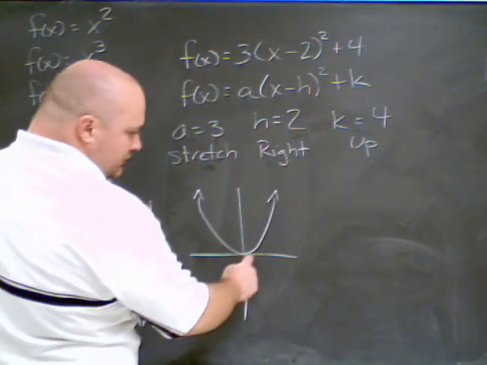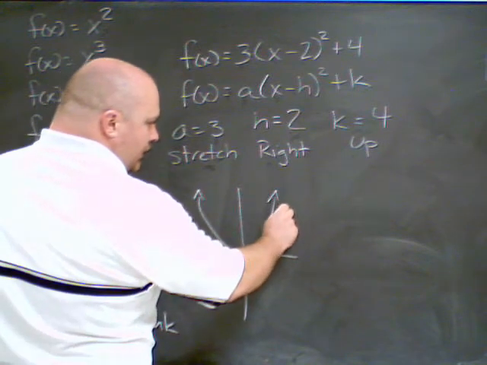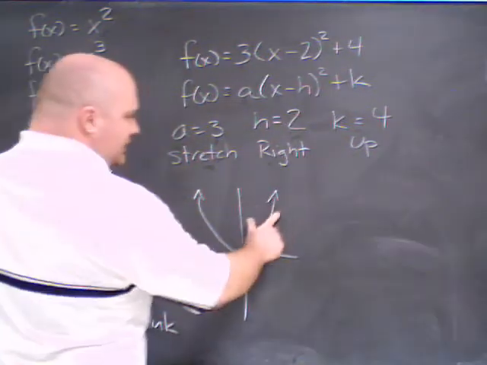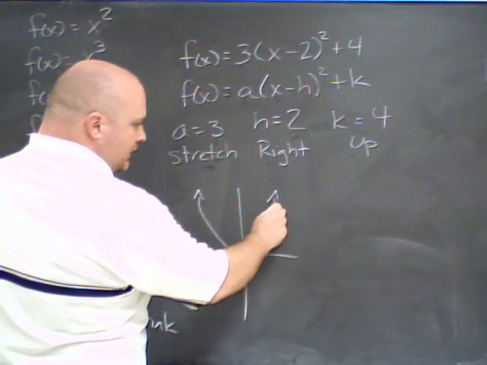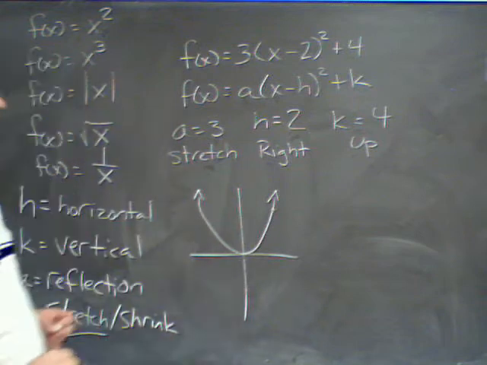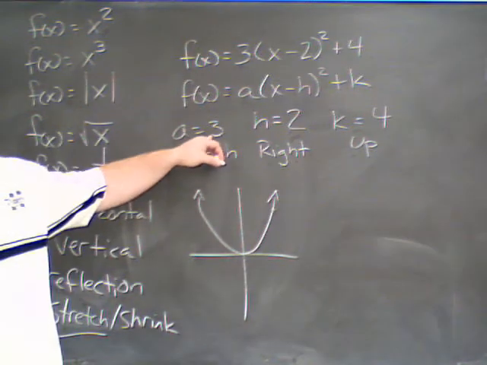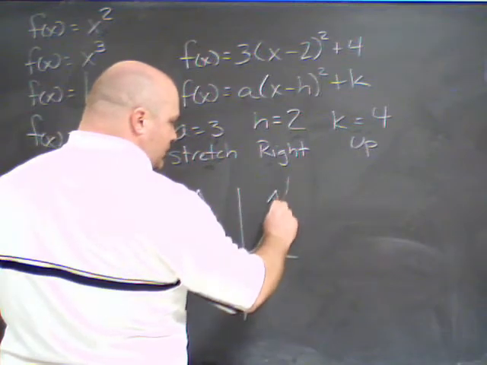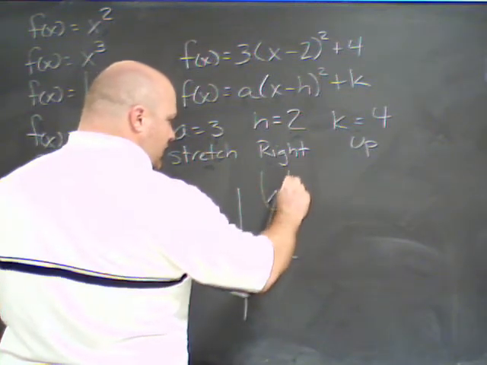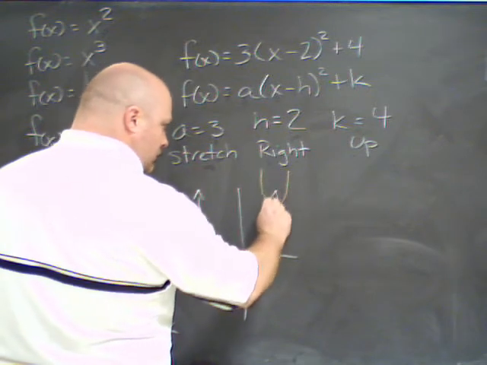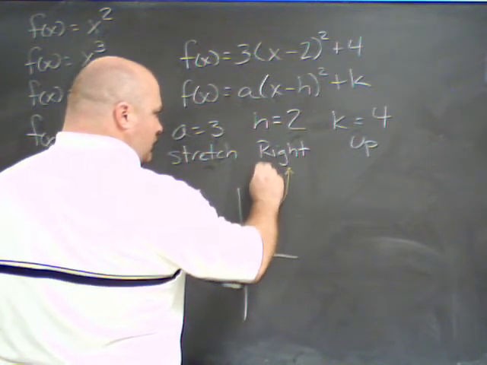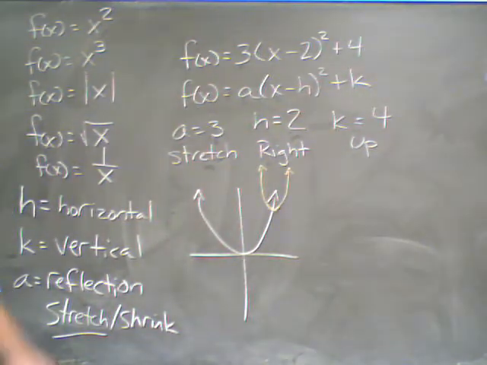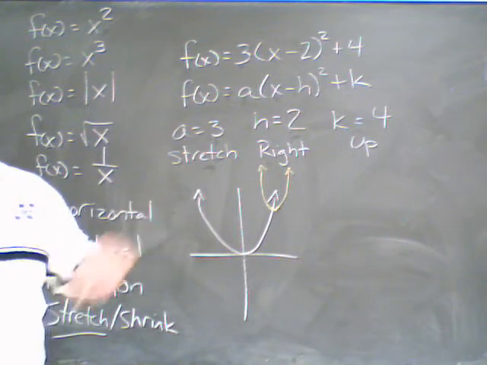So if we go to the right 2 and up 4, our vertex may be up here somewhere. It's actually going to be, say, here. And since it is stretched, it's going to be skinnier. So our next graph, if we use the same graph, means it might have moved there. So it has moved and it is now skinnier.